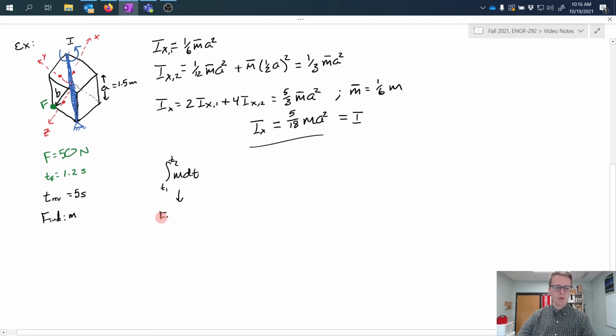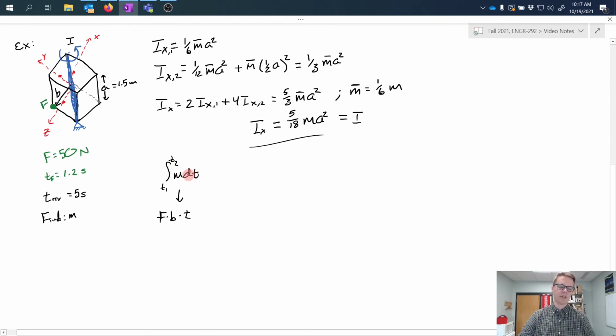Now the distance I haven't really mentioned here, but I've got it described on my drawing as this distance b, which is basically the distance from the center of the cube to the location where the force is being applied. Therefore we can multiply force times distance to get torque, and then we need to multiply that by time, and that basically captures everything in here.